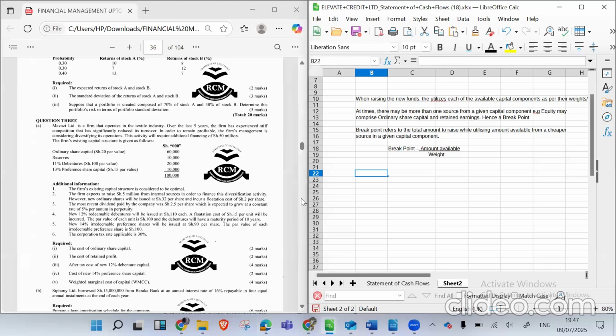Good. Number 1, they want us to get the cost of ordinary share capital. So KE of ordinary shares. Do you remember how to get it? D0 or D1? D0 into 1 plus g, we divide by what? P0 minus the flotation cost.